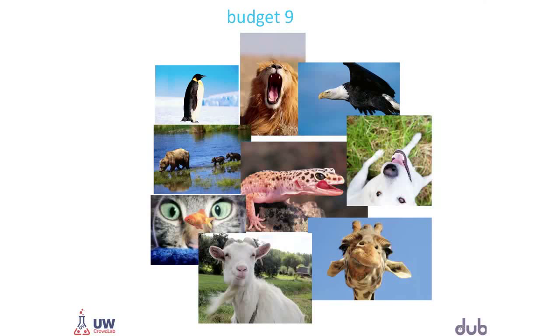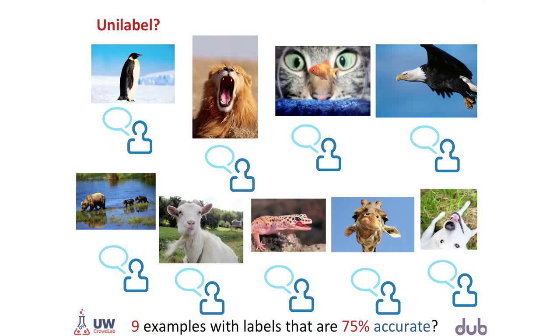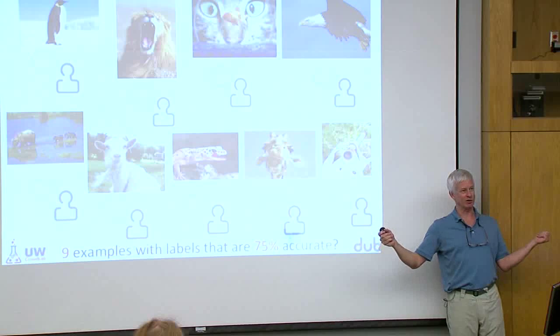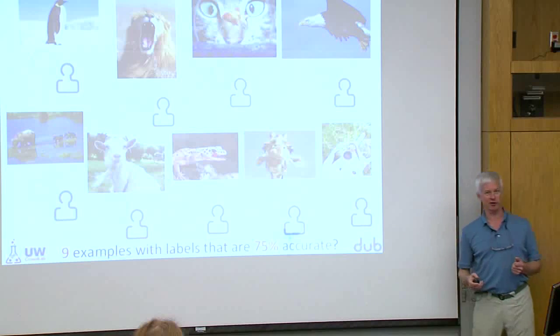So suppose we've got $9 and we've got a whole bunch of images that we want to label to build our image classifier. Then what we could do is unilabeling, assign one worker to label one image, and then we're going to get 9 labels. And if the workers are 75% accurate, we'll get 9 labels that are 75% accurate each.